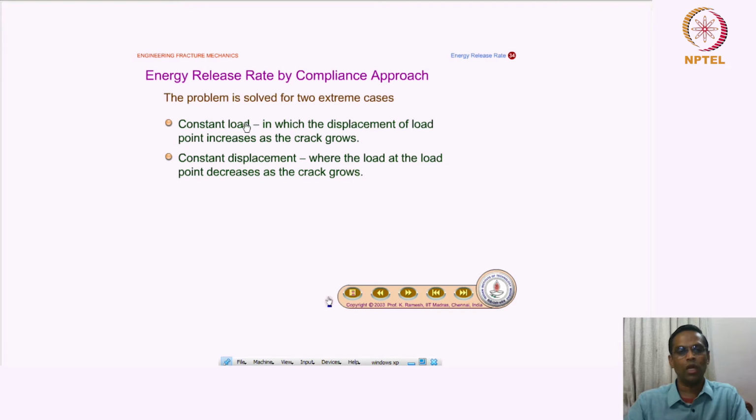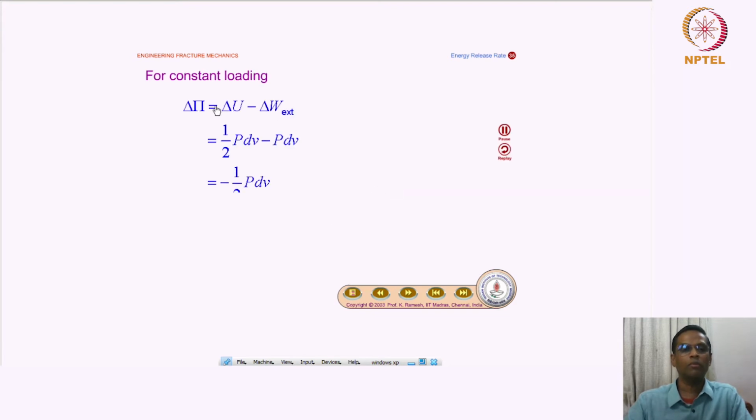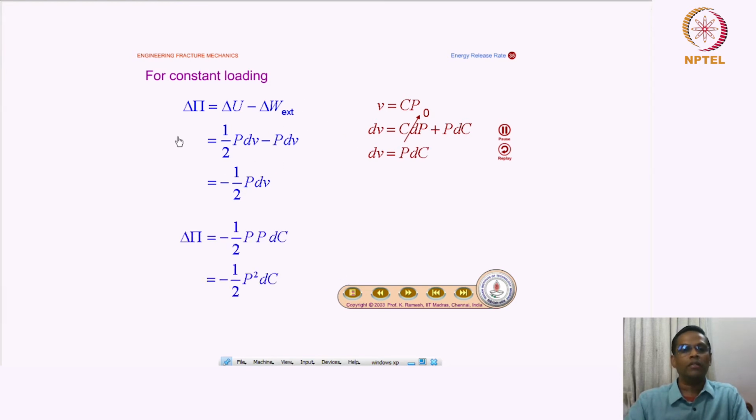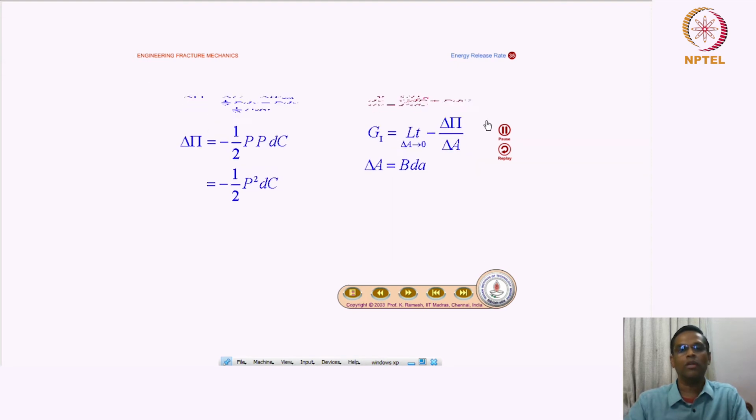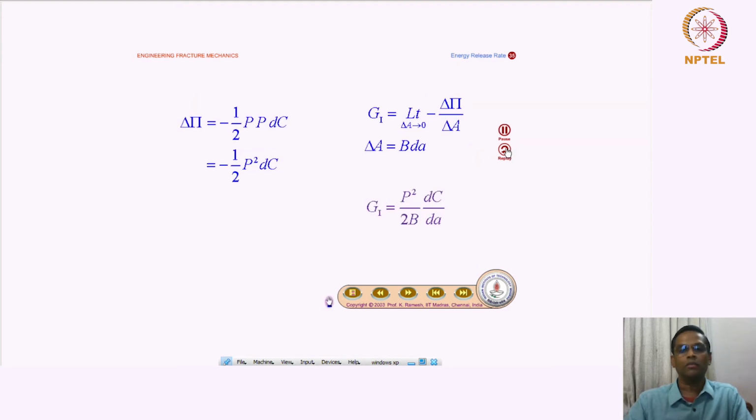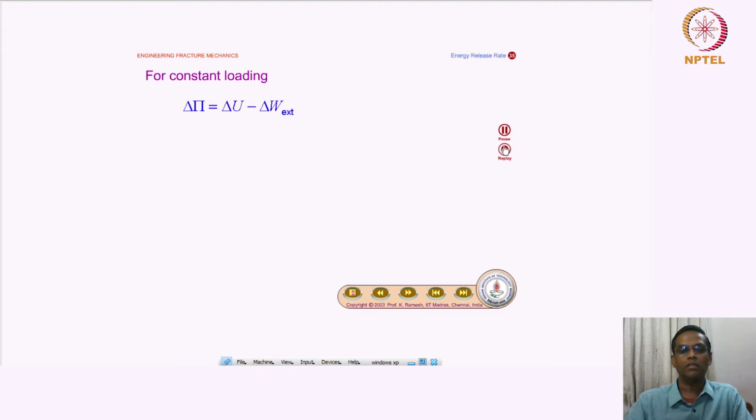Okay. These two we already have looked at even in the experiment, but in a compliance approach we will write it like this: delta pi is equal to delta U minus delta W external. So we can rewrite these expressions like this, and we know this now. Let me replay this. It is going very fast.